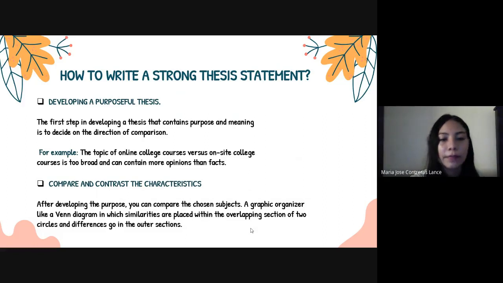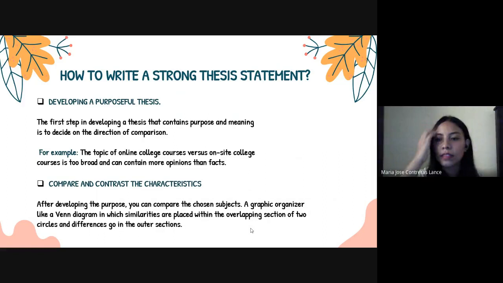Okay, the second step is to compare and contrast the characteristics. After developing the purpose of the thesis, you can compare the chosen subjects with a graphic organizer like a Venn diagram, in which similarities are placed within the overlapping section of two circles and differences go in the outer sections.